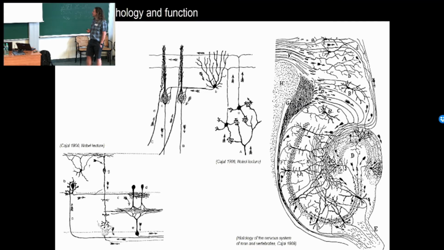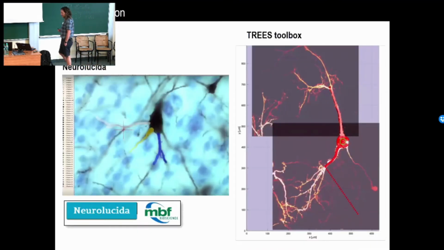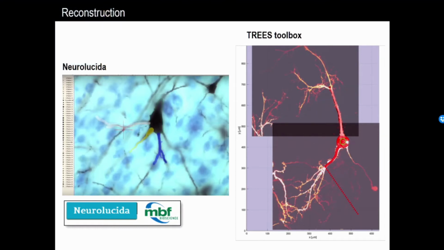So the morphology is really important, and to me, the morphology of dendrites in particular, which I focus on, is the primary building block of what makes up the circuit. And nowadays, we don't draw the dendrites on paper anymore. We draw them in the computer. But that's not a big difference. It's still mostly done manually.